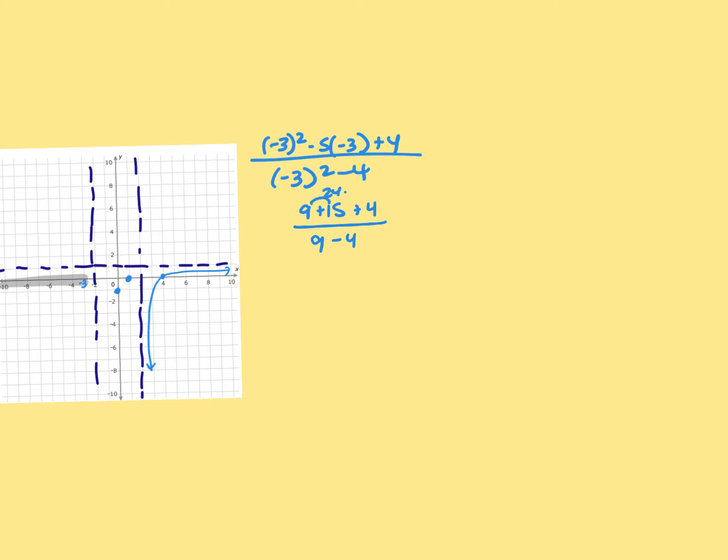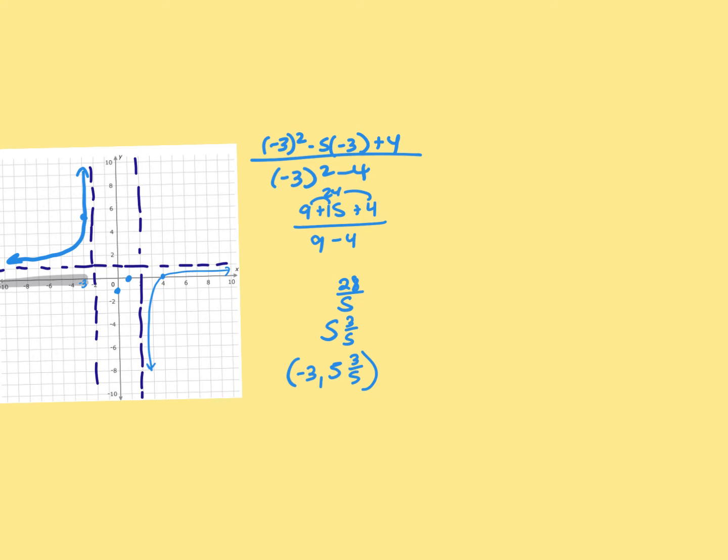This is 24 plus 4 is 28 over 5, or 5 3/5. So -3, 5 3/5 would be up here, which confirms what we thought that curve is going to do.